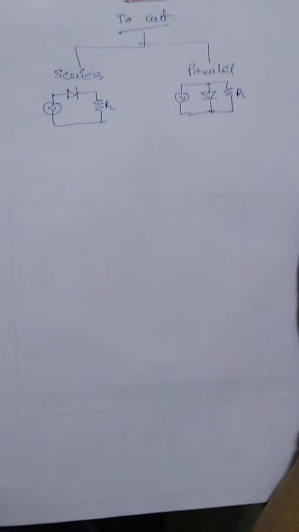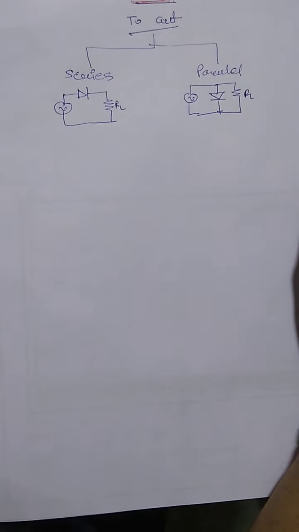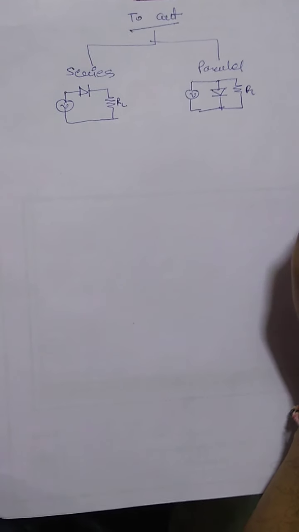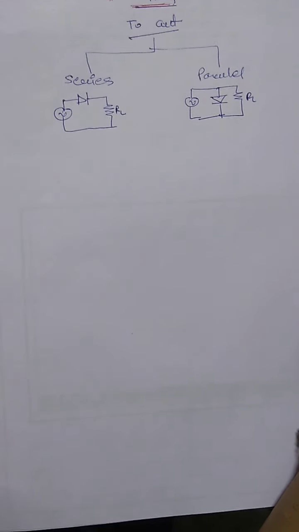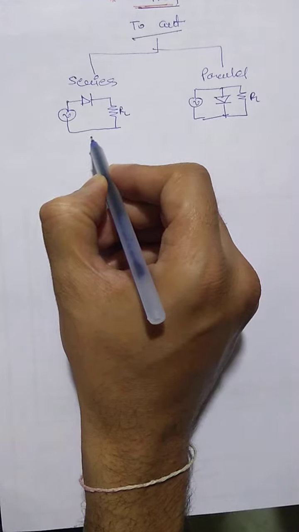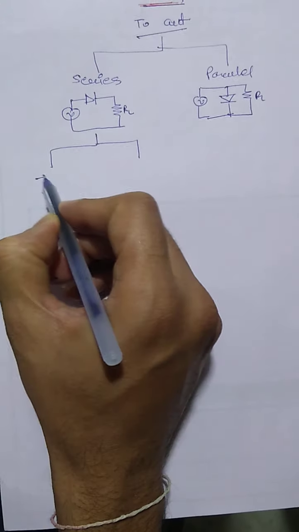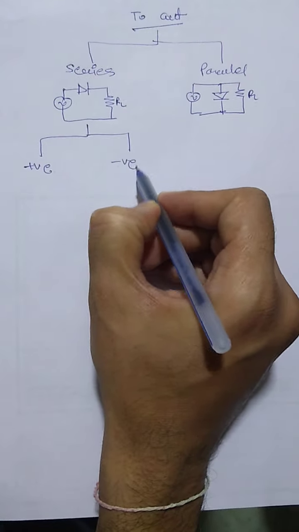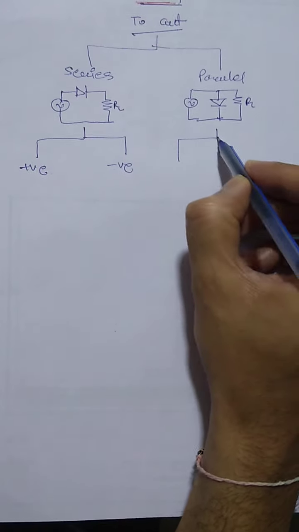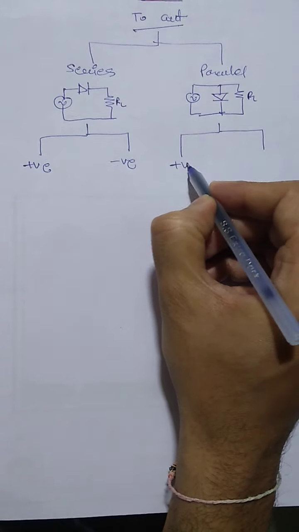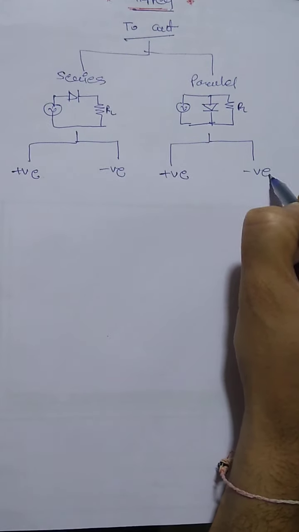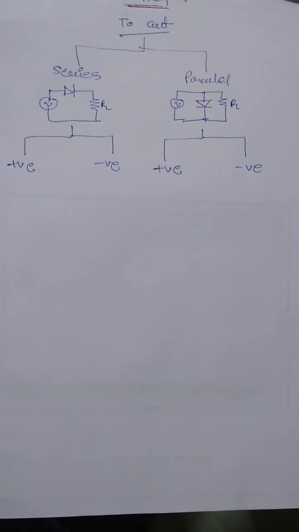Okay. So according to this classification, series and parallel are further divided into two classifications, positive and negative. Same with parallel, positive and negative.